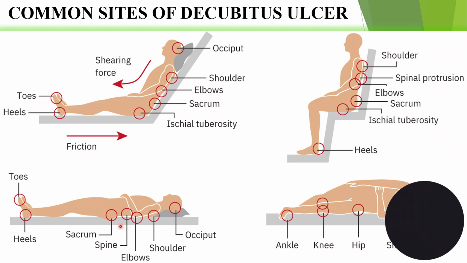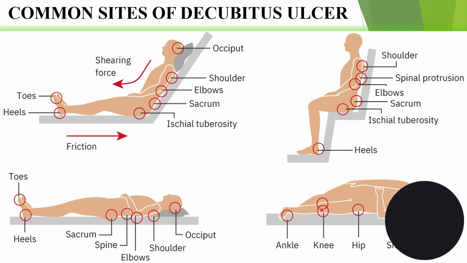With the help of the shearing force, which areas will be affected? Occiput, shoulder, elbow, sacrum, ischial tuberosity, heel and toes. And if it is friction, you can see shoulder, spinal protrusion, elbow, sacrum, ischial tuberosity and heel.